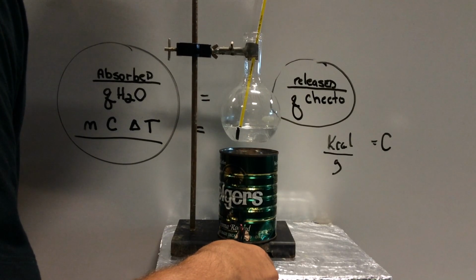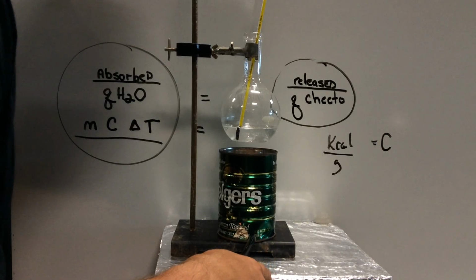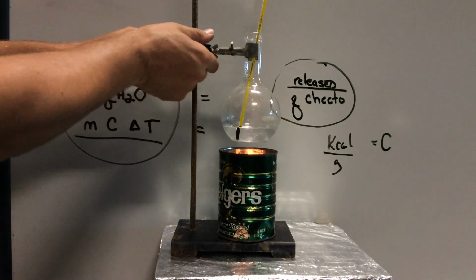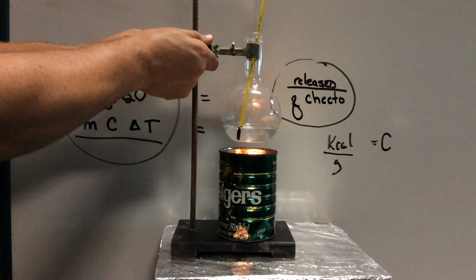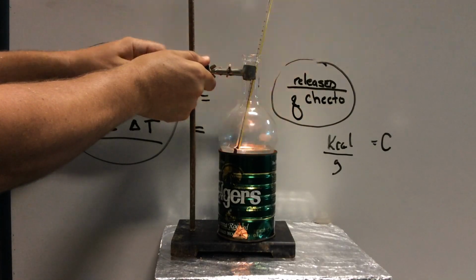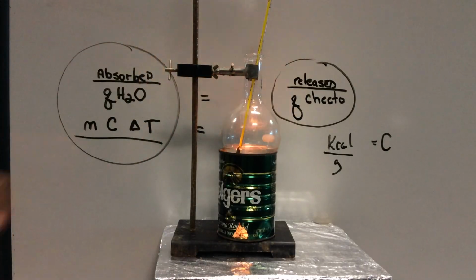And we'll know this thing is lit as it is now. Okay, and you can see the flame probably reaching the top of the can now. Now I'm going to lower my flask. And there we go. It's amazing how much energy is in a Cheeto.